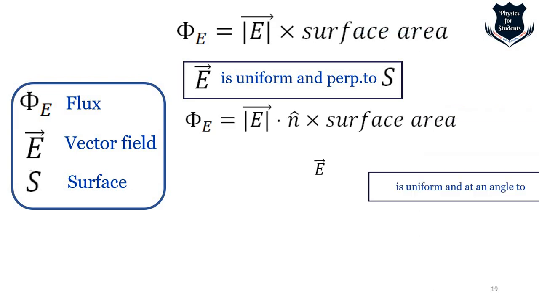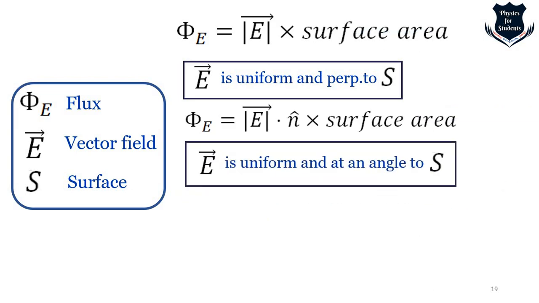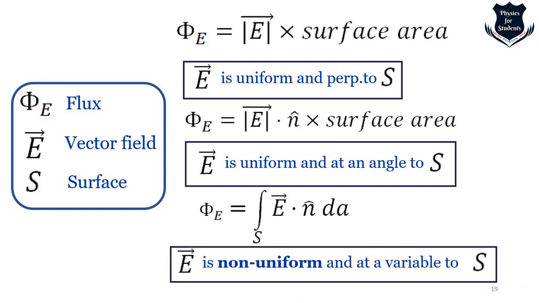We get this one if E is uniform at an angle to S, and this one if E is non-uniform and variable relative to S. Non-uniform means, as I have shown, that the surface is sometimes bumpy, the flow is sometimes up, sometimes down, and sometimes irregular. So taking phi E as the flux, E as the vector field, and S as the surface, these are the different formulas: E uniform and perpendicular to S, E uniform at an angle, and E non-uniform.